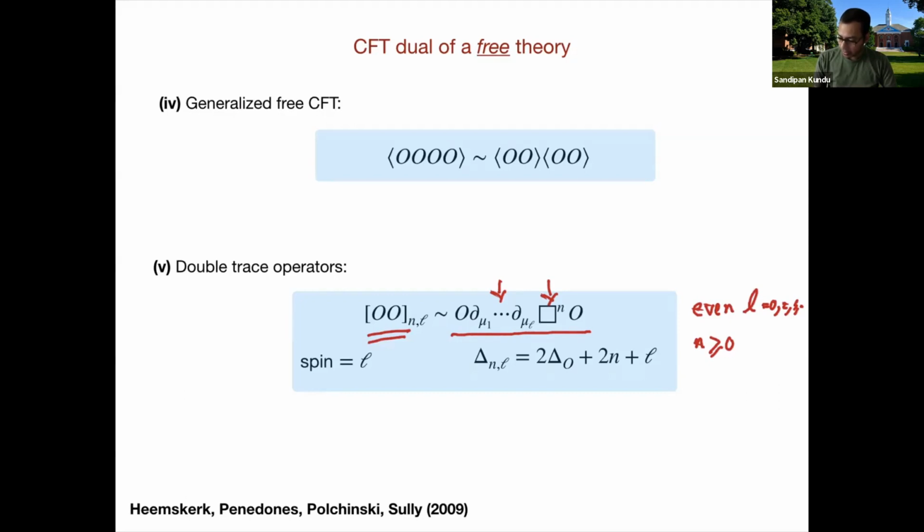The subscripts n and L tell you about the spin and the dimension of this double trace operator. The spin is L because you have L uncontracted derivatives, and the scaling dimension is given by the scaling dimension of the original operators plus 2n plus L. That's just from simple counting.